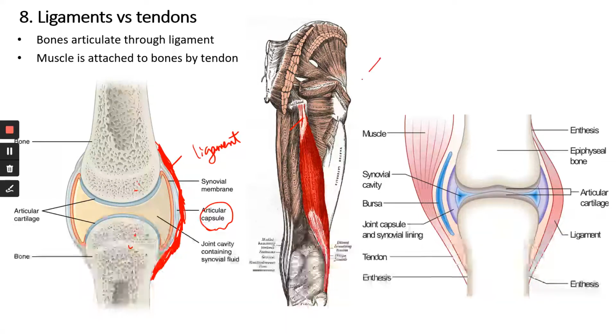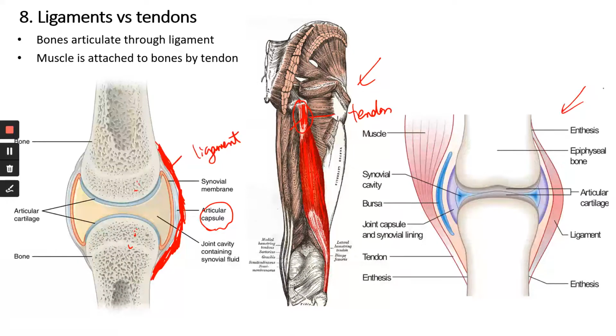When you look at this picture, this is a piece of skeletal muscle right here, and you see that white part at the end of the muscle. This part is the tendon. So the tendon attaches a muscle to a bone, right? Usually it's some kind of bone marking, something that sticks out for the muscle to attach to. All right, so that's the difference. Ligaments attach bone to bone, but tendons attach muscle to bone.